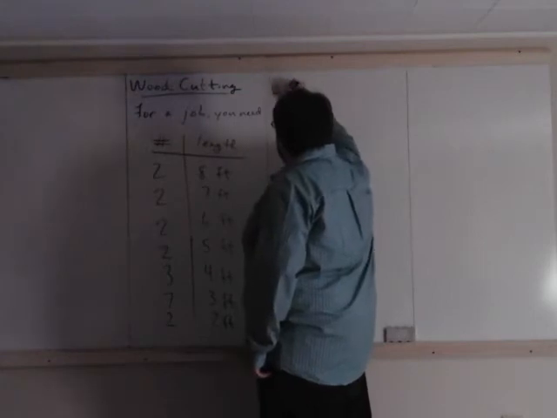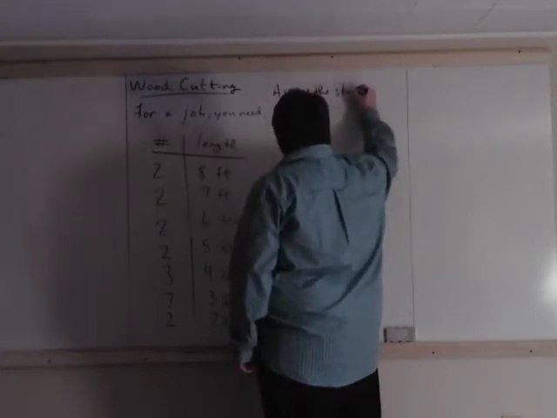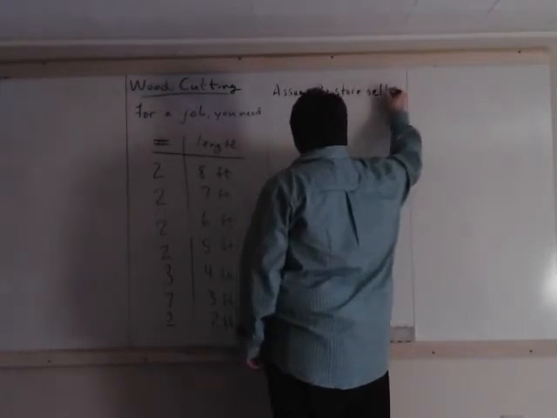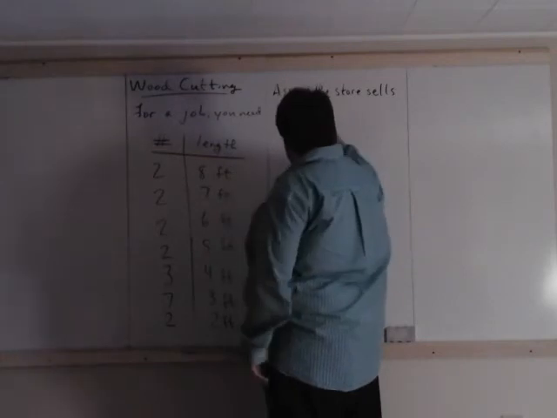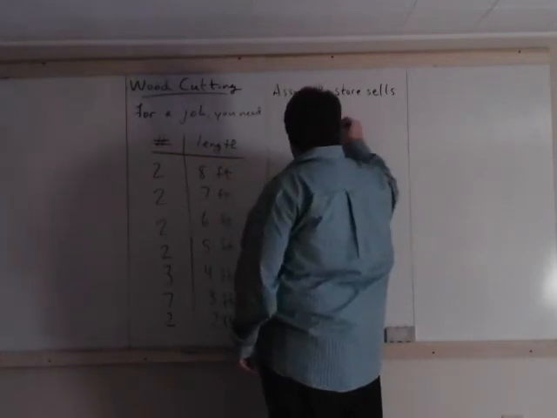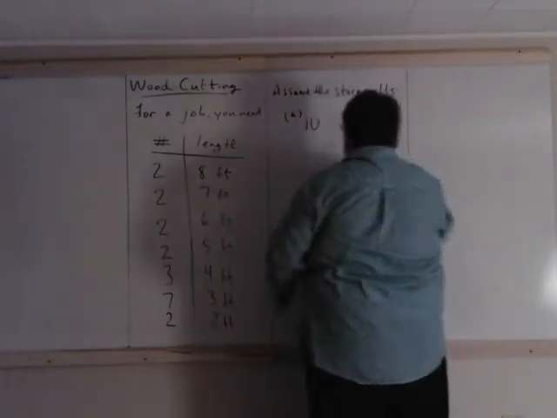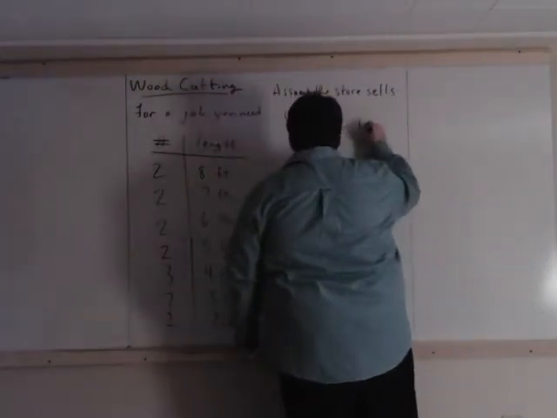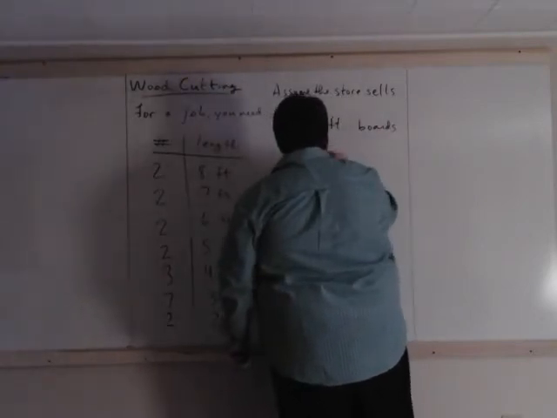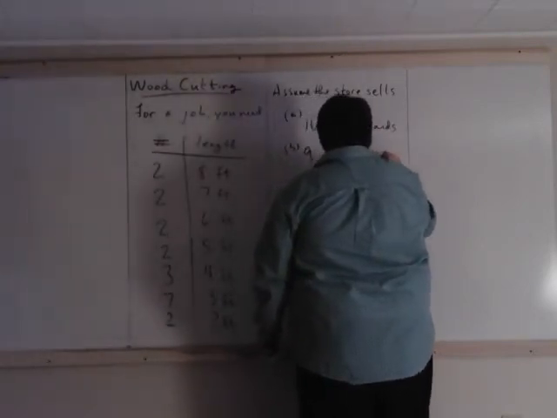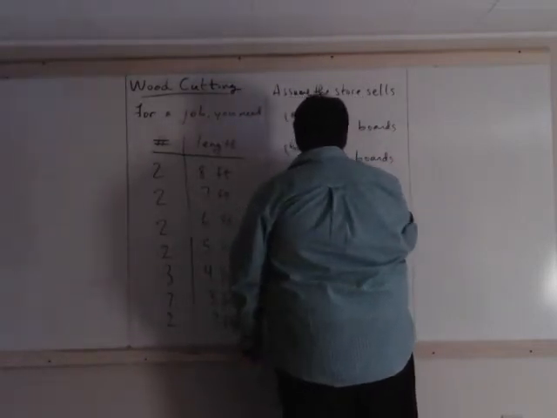Assume the store sells A. Let's assume they sell 10-foot boards. B. Let's assume they sell 9-foot boards. And C. Let's assume the store sells 8-foot boards.